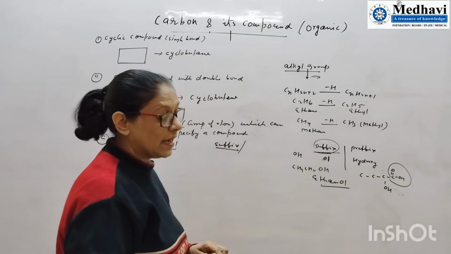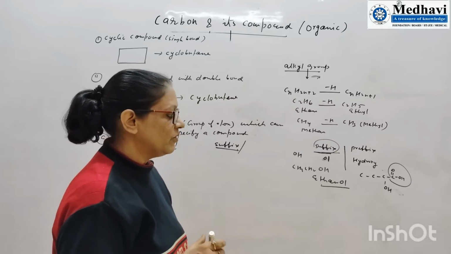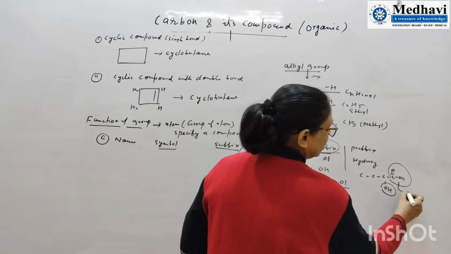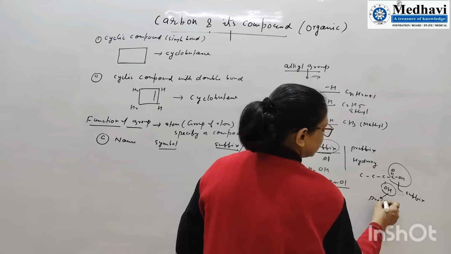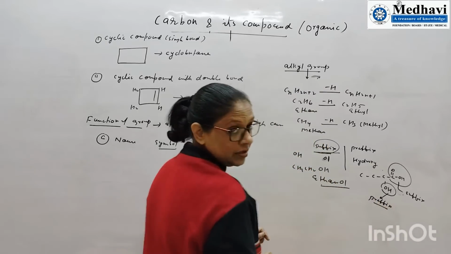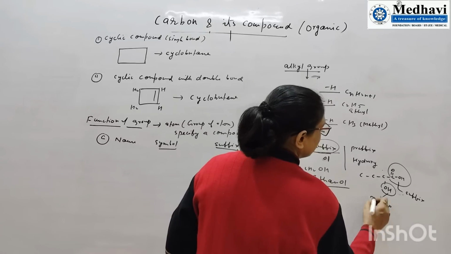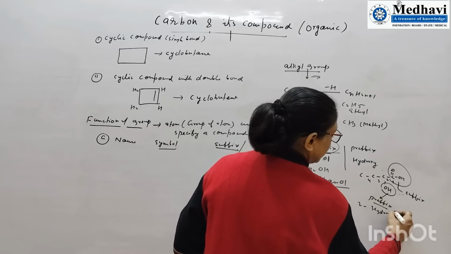In the standard 11 book there is a priority or superiority order given, which one is the powerful functional group. So this becomes suffix, and here it becomes prefix. This group becomes suffix and this group becomes prefix. So we will say that this is hydroxy. We will say numbering starts from here. So it is 2-hydroxy butanoic acid.